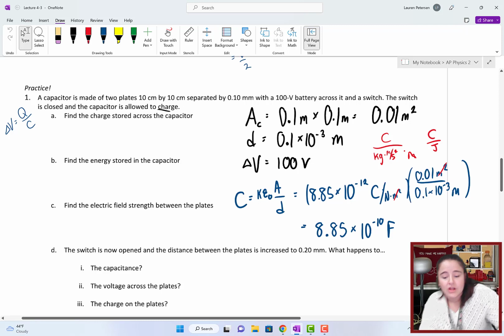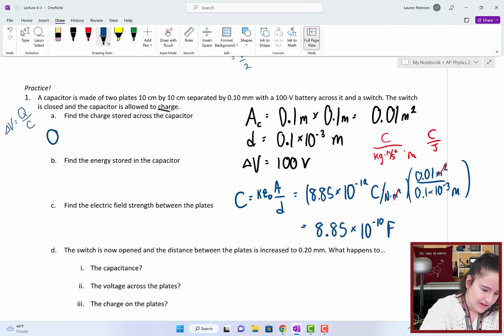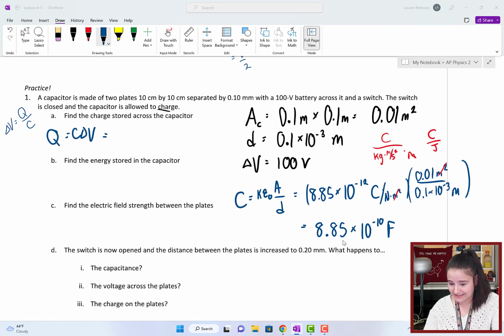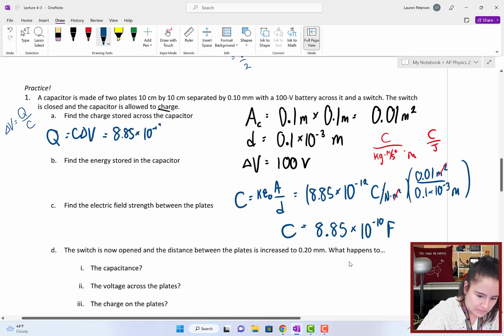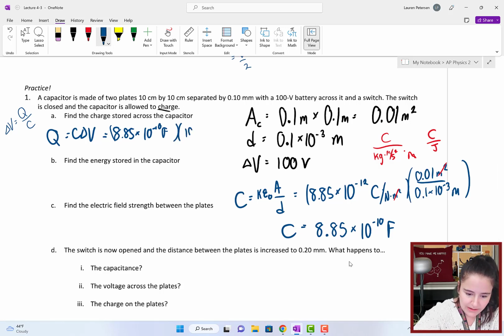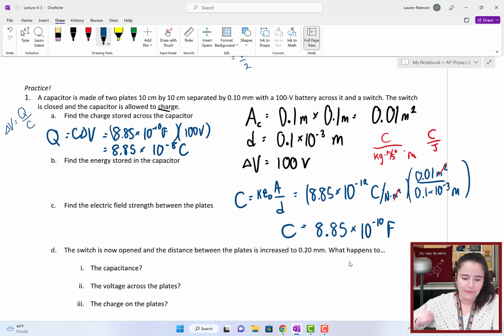Okay. So to find that charge stored on it, we have Q equals C delta V. So we just plug in those numbers. Okay. 8.85 times 10 to the negative 10 farads times 100 volts, and that gives us a charge stored of 8.85 times 10 to the negative 8 coulombs.